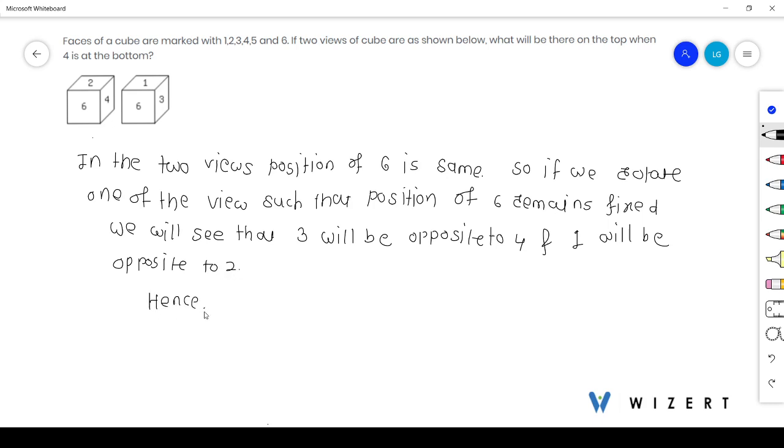Hence 3 will be there on the top when 4 is at the bottom.